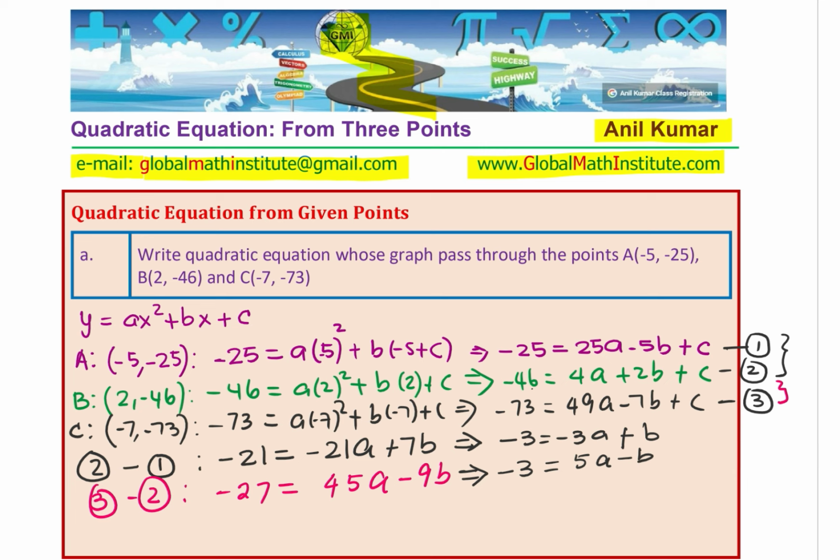Now we have our next two equations, which we call equation 4 and 5. If I add them up, the b's get cancelled, and we can find the value of a.